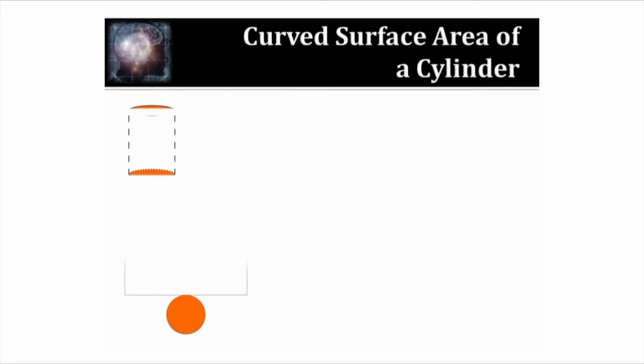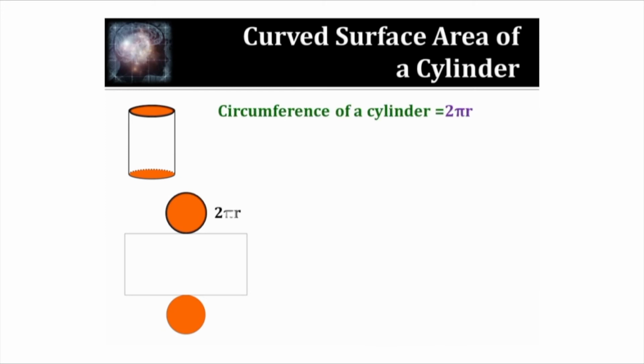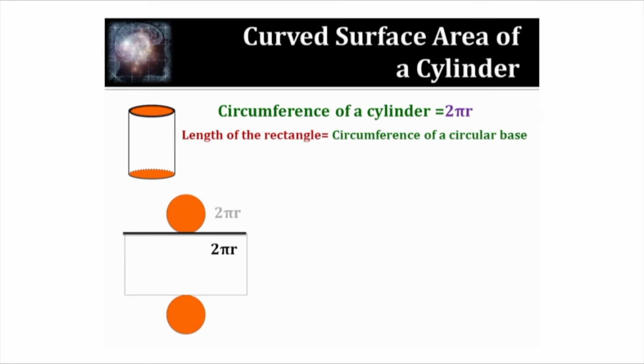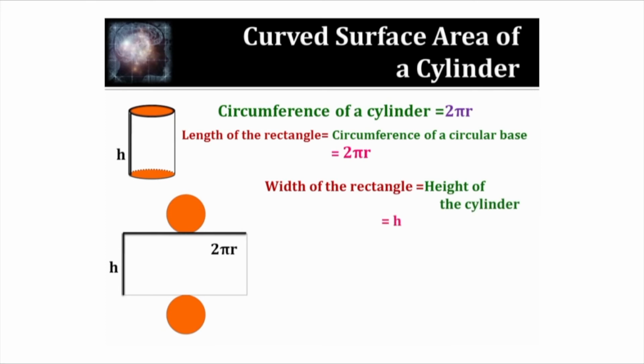We know that the circumference of a circle is 2 pi r. The length of the rectangle becomes the circumference of the circular base. The breadth of the rectangle will become the height of the cylinder. The area of this rectangle will become the curved surface area of this cylinder.